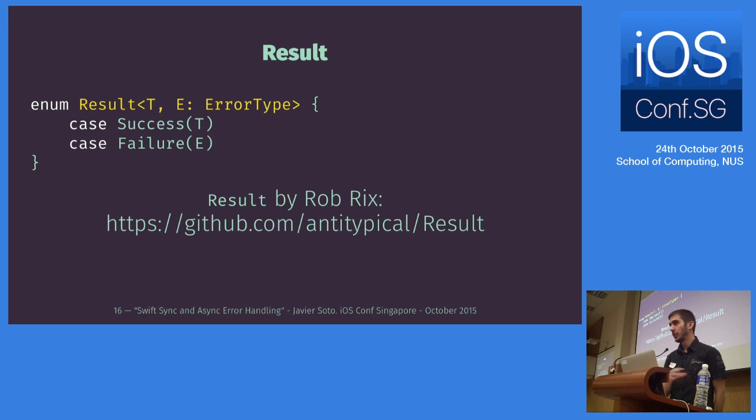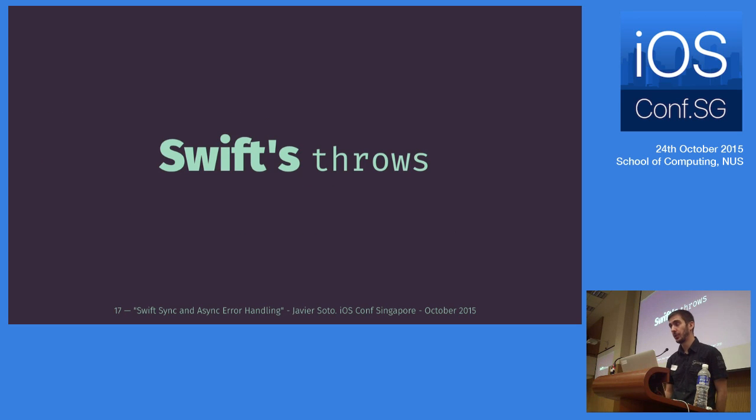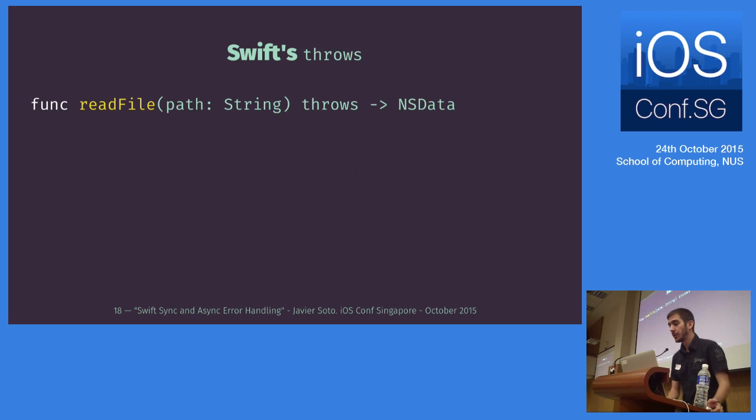This is obviously not in the Swift standard library, but I really like it. And I like it better than throws, which was introduced in Swift 2, and I'm going to show why. I think throws, even though it introduces really nice syntax that's really nice to use, has some of the same problems that we had before in Objective-C when doing error handling. So let's look at an example API that uses throws.